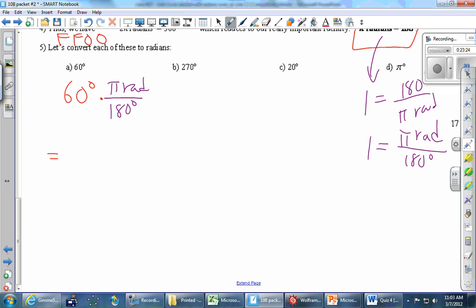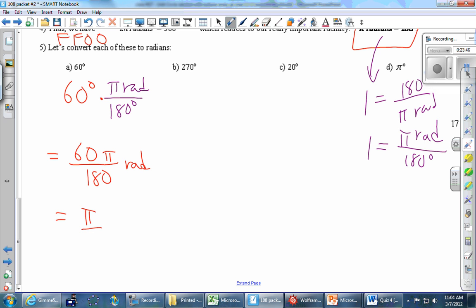And so this gives me, let's see, I've got 60, I've got pi, I've got 180 on the bottom. What happens to the degrees? Cancel, that's what I wanted. And what is the unit still here? Now it's in radians. That's what I want. And then you should reduce it. How many times does 60 go into 180?